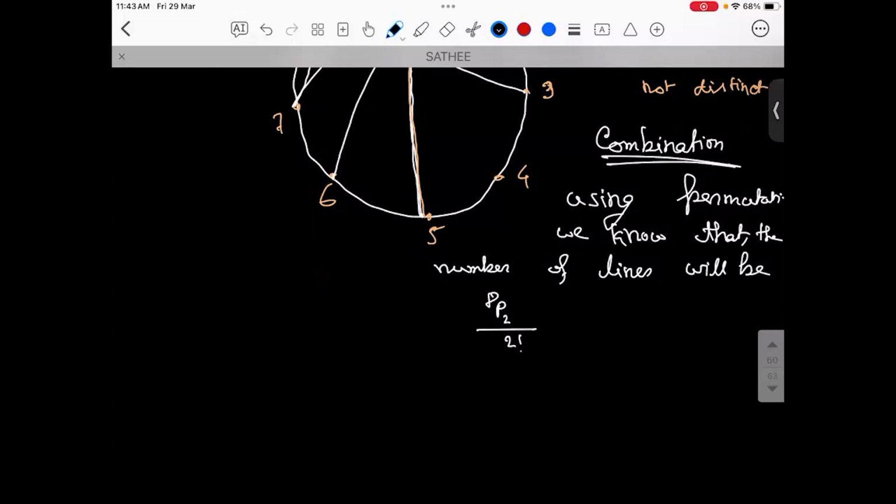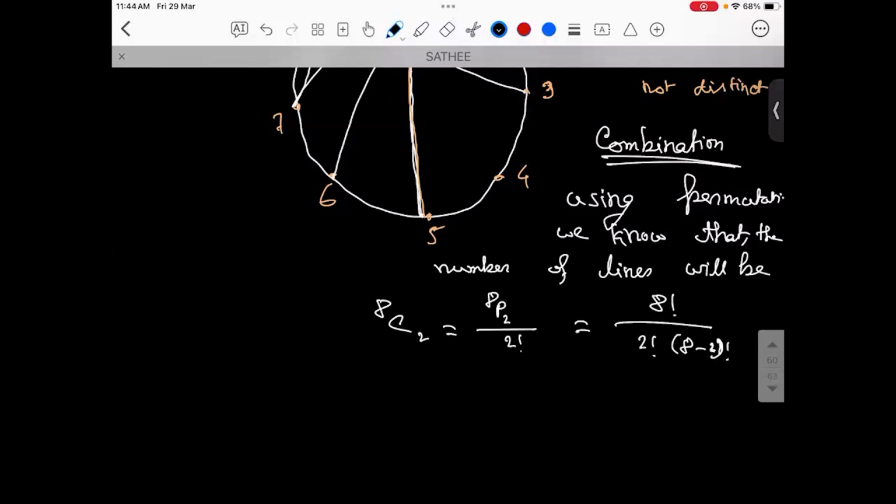This we denote as 8C2. And the exact formula is 8 factorial divided by 2 factorial times (8 minus 2) factorial.